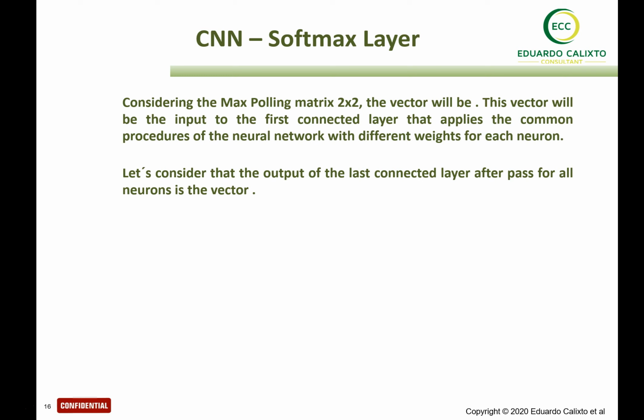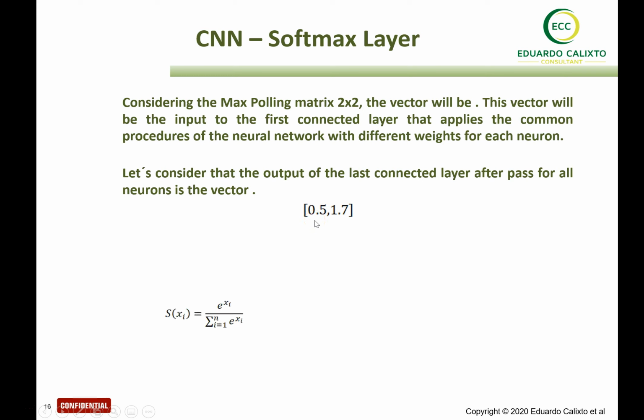Let's apply the common procedure of a neural network, and let's consider the output of the last fully connected layer as these 2 values. As I have 2 output layers, that means I also have 2 classes. I want to classify my input image in 2 classes. In our case study, it is either moderate or critical. Okay, so I have this vector here.